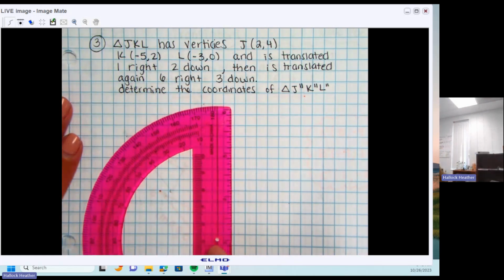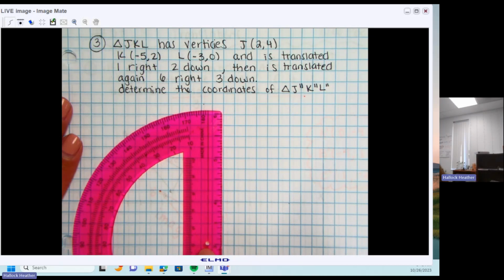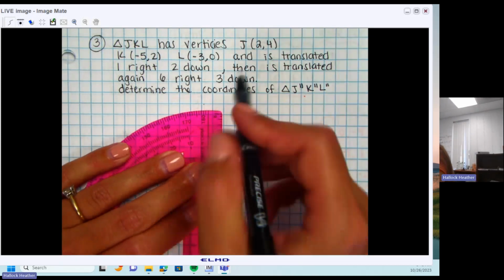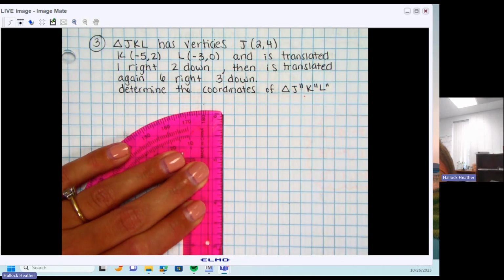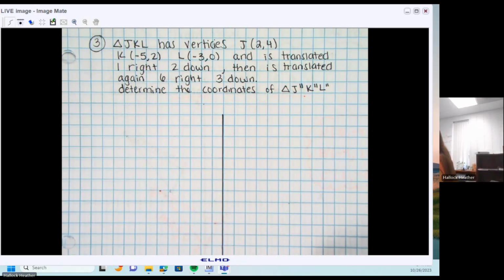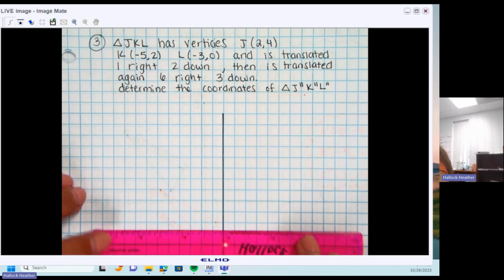But for today, we're just doing these. So we'll have to use what we got to use. So make a pretty big graph. This is the last problem, so you can make it as big as you want. It doesn't have to be the whole paper though.